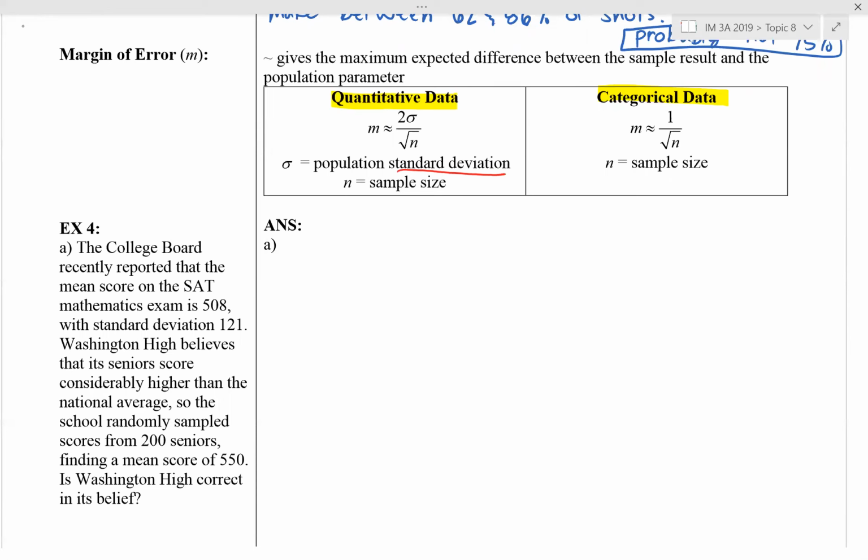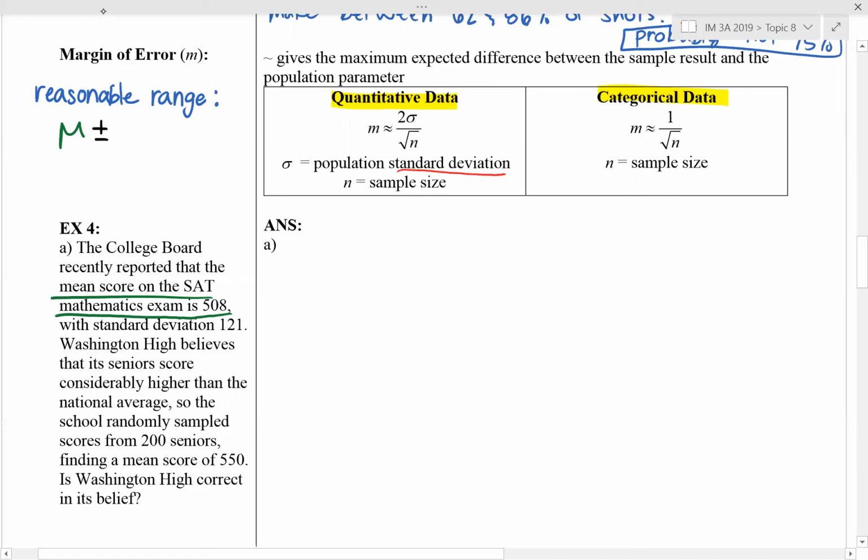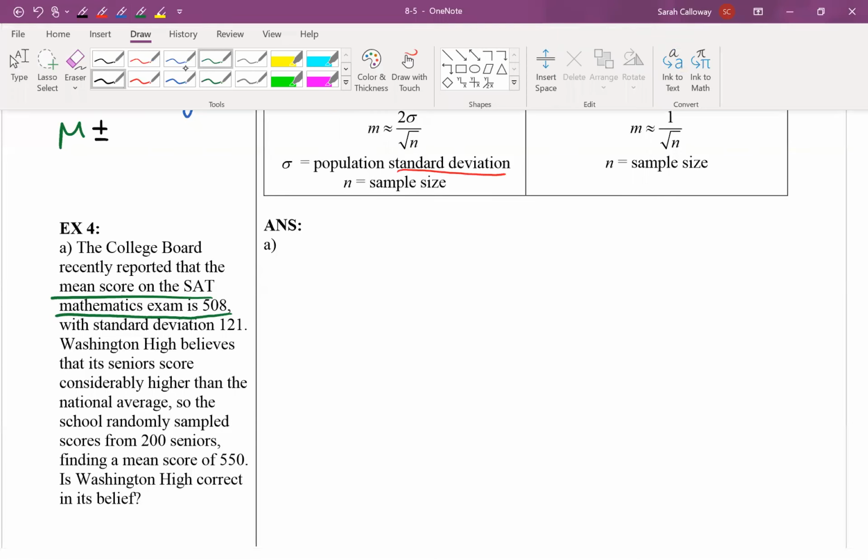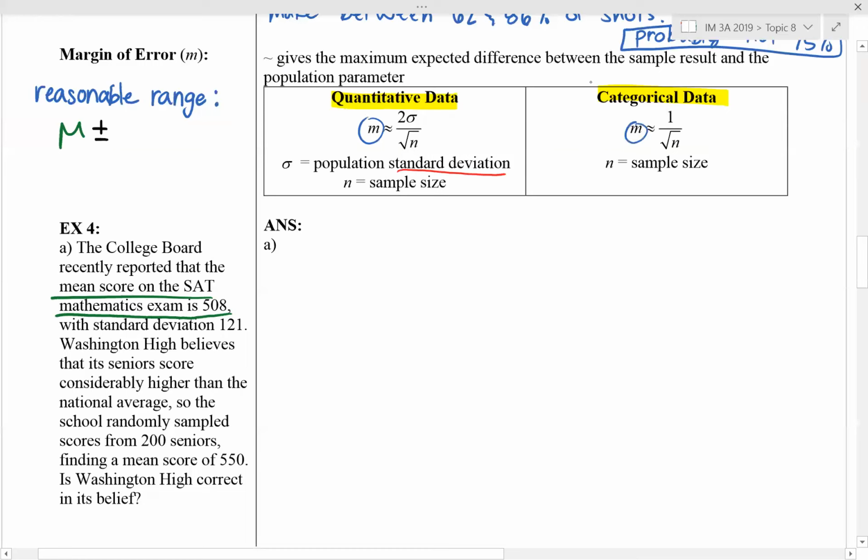When we're finding this reasonable range and working with margin of error, that reasonable range is going to be the mean of the data, so this is my actual mean score on the SAT, plus or minus the margin of error. In our case, either one of these. That's going to give us the reasonable range for the mean in this question.